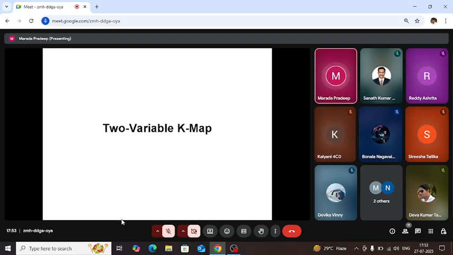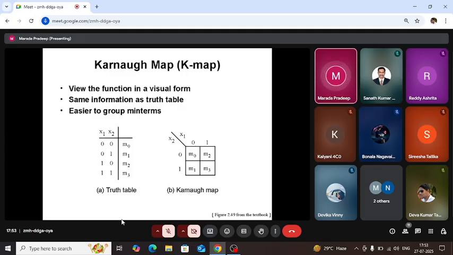Here, the two variable K-map. A two variable K-map has four cells, two squared. Here, zero is m naught, minterm one, next zero one is m1, minterm 2, minterm 3. This is the truth table representation.